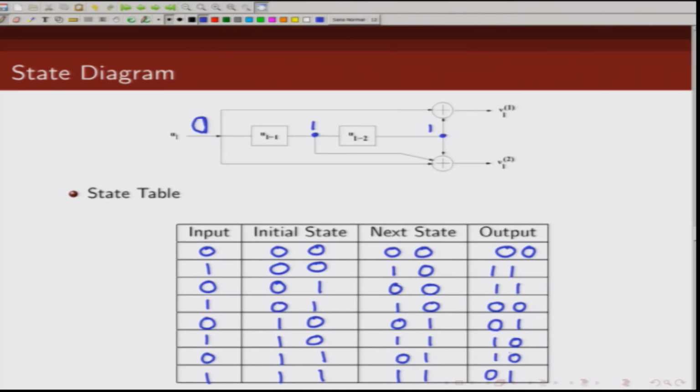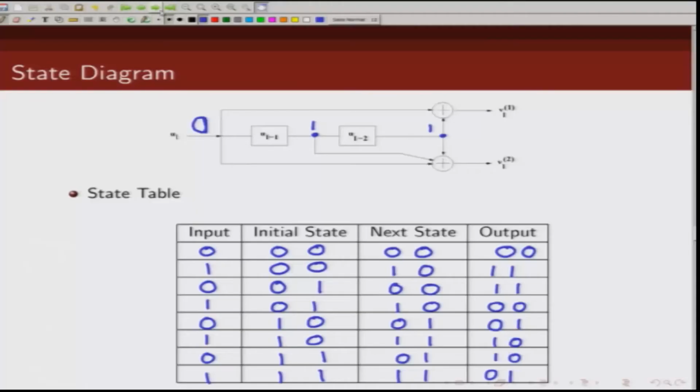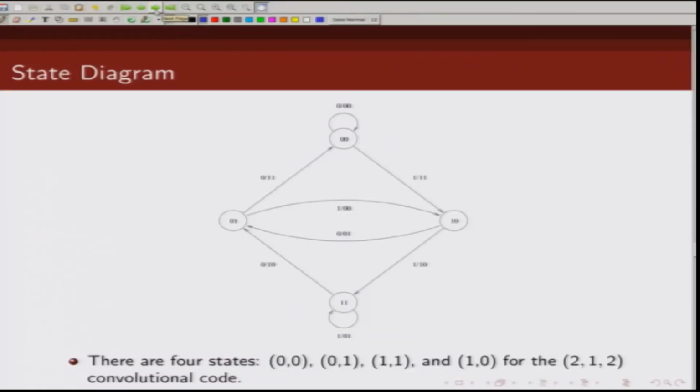Now, what the state diagram does is it represents the state table graphically, and how do we show it graphically? So, we will go back to this. Note here, we have 4 states 0 0, 0 1, 1 0, 1 1, and we are showing each transition graphically.